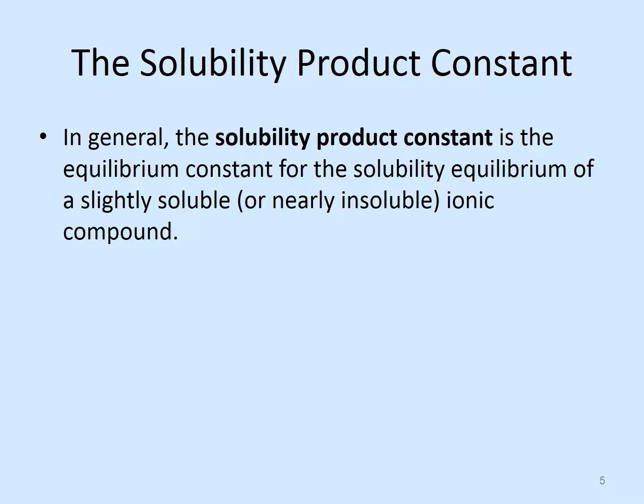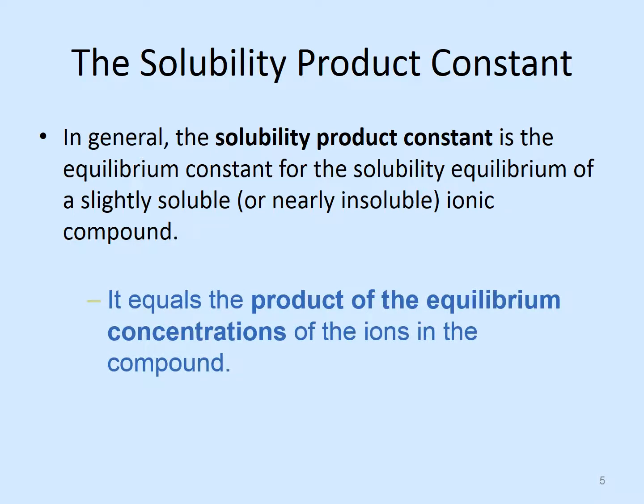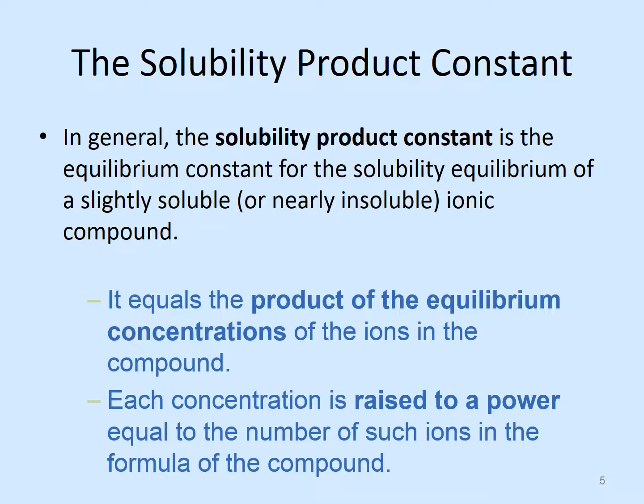So the solubility product is the equilibrium constant for the solubility of a slightly soluble, nearly insoluble ionic compound. So, like I said, it equals the product of the equilibrium concentrations of the ions raised to their coefficients. Each concentration raised to its coefficient.